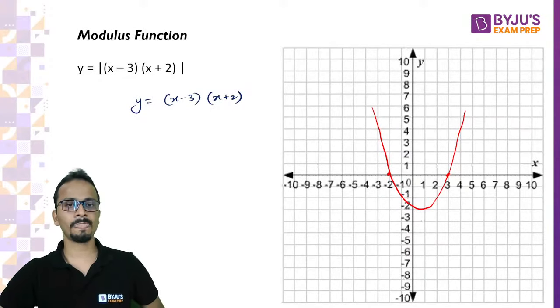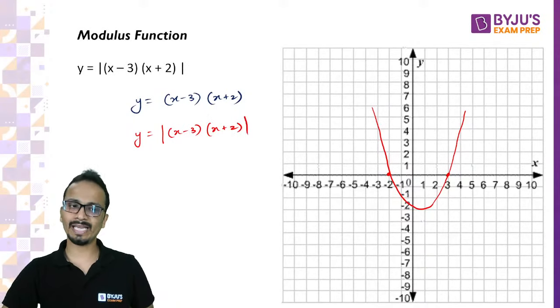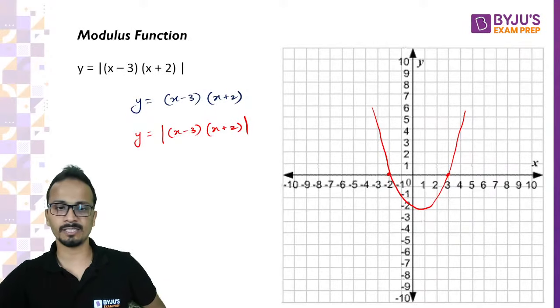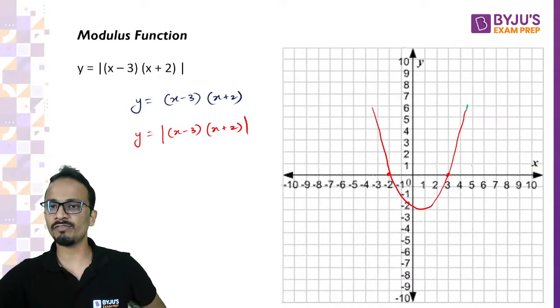All right, now if I take the modulus of this function, modulus of x minus 3 into x plus 2, all of you know what will happen. The portion of the graph which is above the x-axis, which I'm marking with the green color, will remain as it is. This portion again will remain as it is.